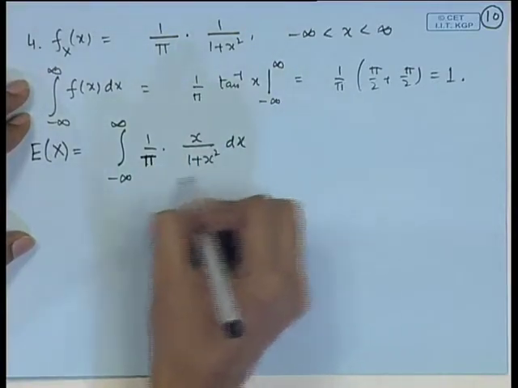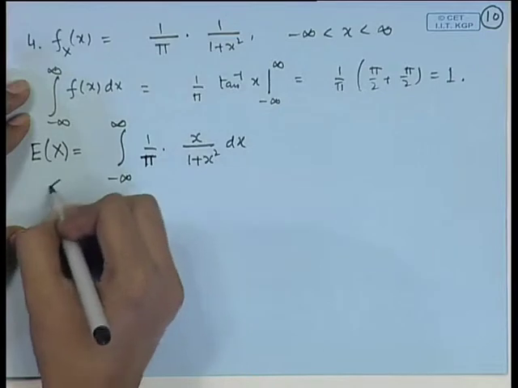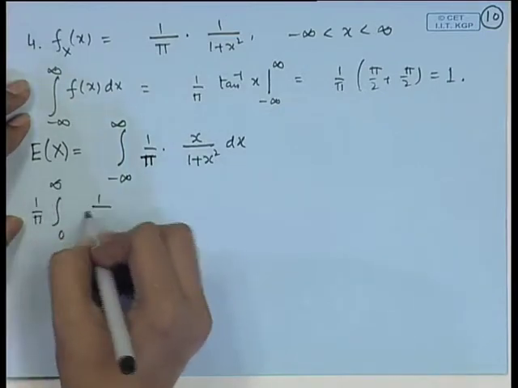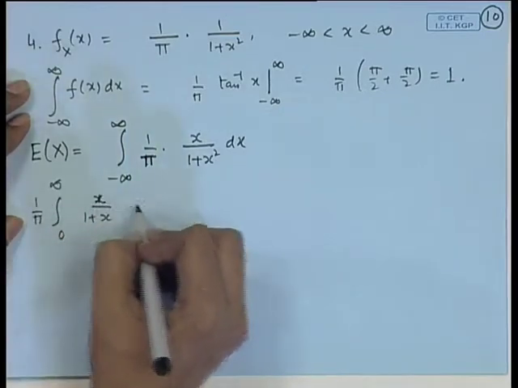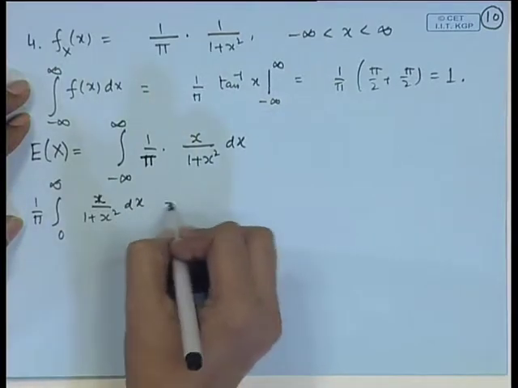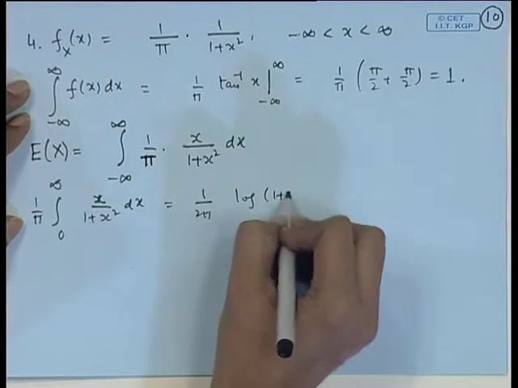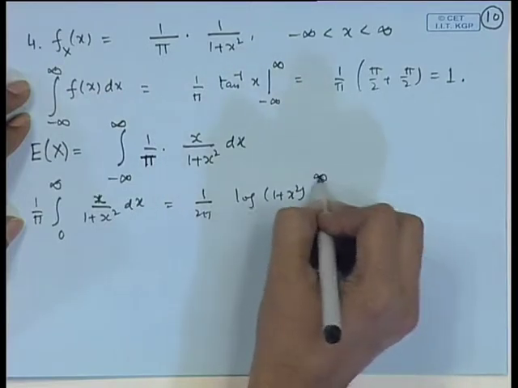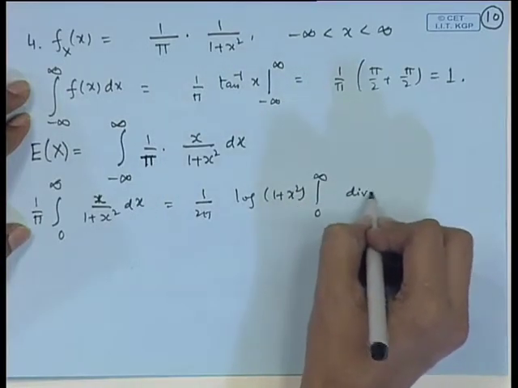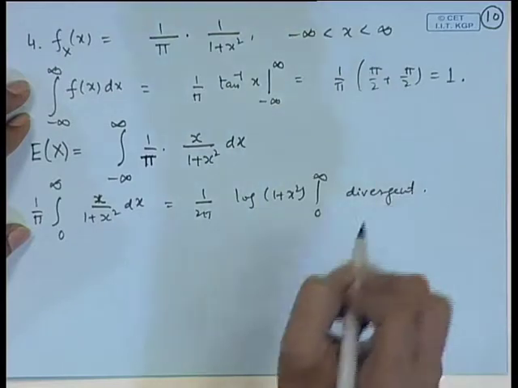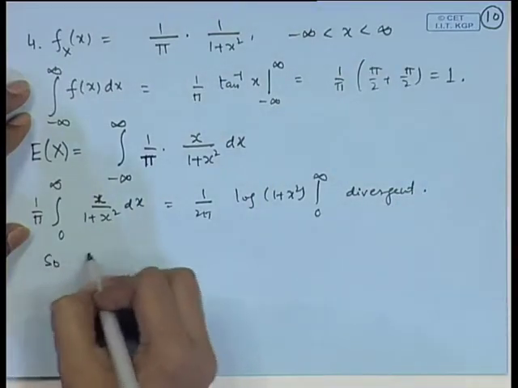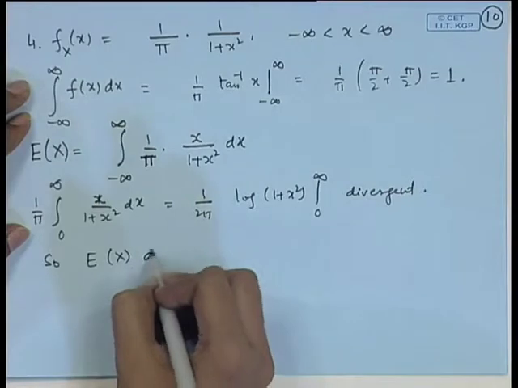Here, if we look at the integral from 0 to infinity of x by 1 plus x square, then it is equal to log of 1 plus x square, which is actually divergent. Therefore, the expectation of x does not exist.